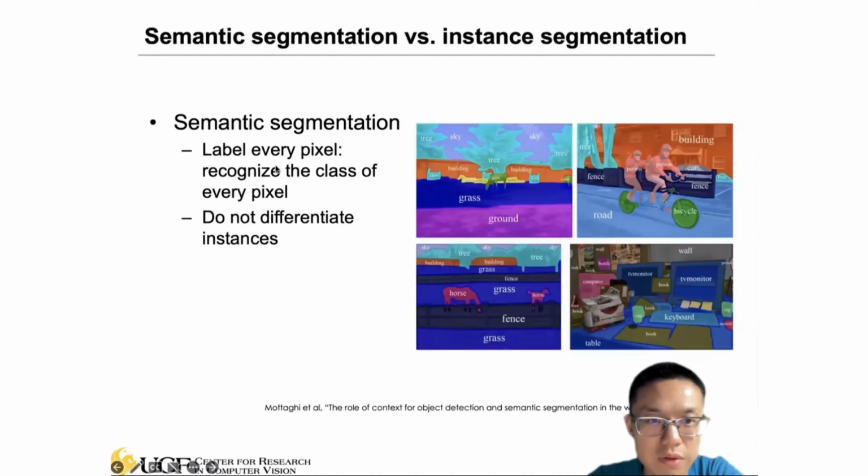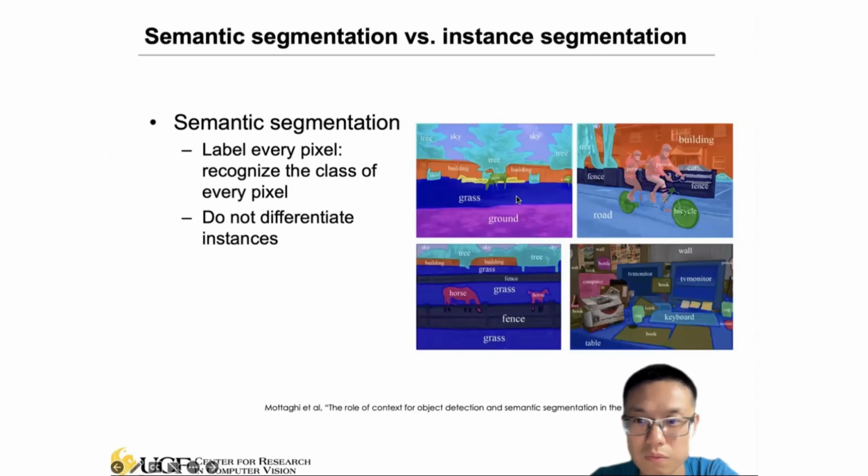So one thing to emphasize is that for semantic segmentation, the goal is to label every pixel, right? So recognize the class of every pixel. But sometimes objects belonging to the same class can appear in different regions or places in the image.